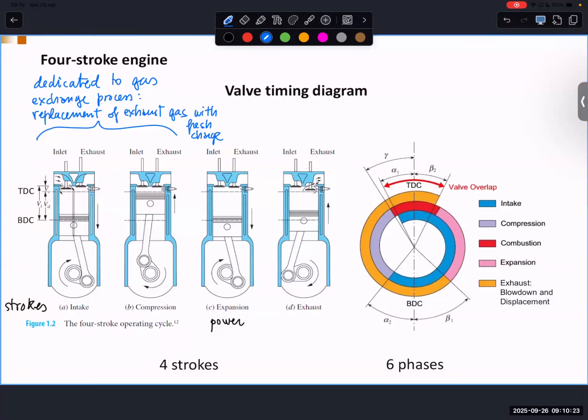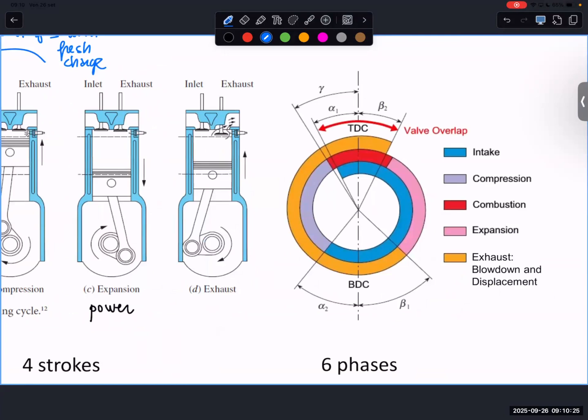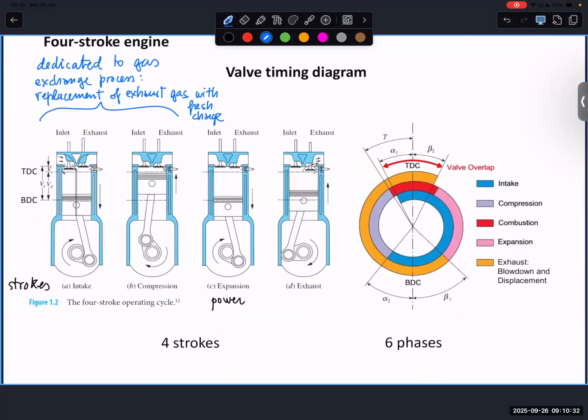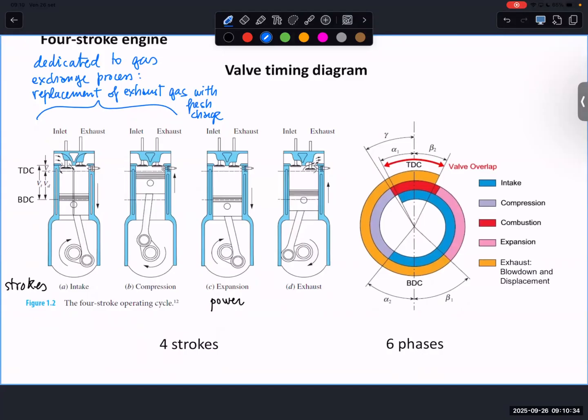This is a valve timing diagram. Using the 2 strokes, the choice should be from stroke A and B, because B is the compression side. Ah, sorry, it was intake and exhaust, you're right. So it's practically this one and this one.